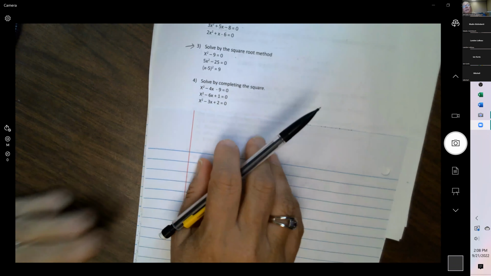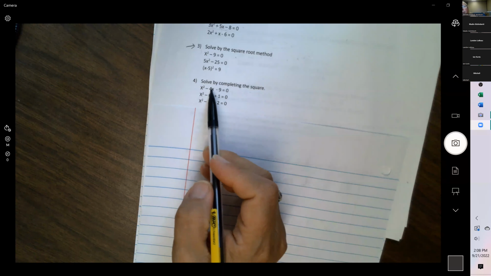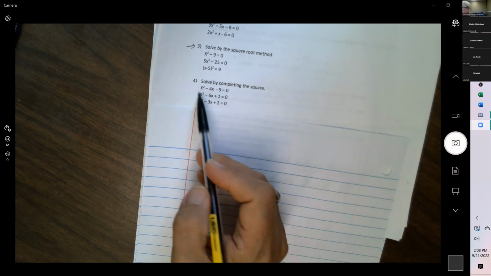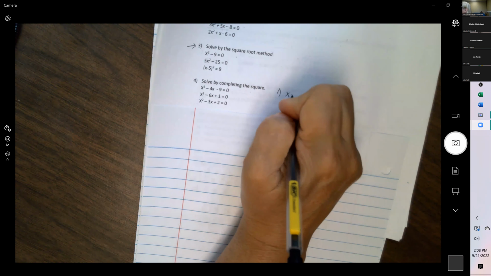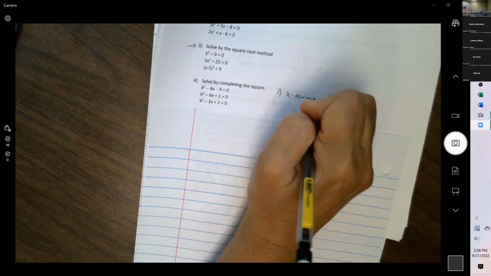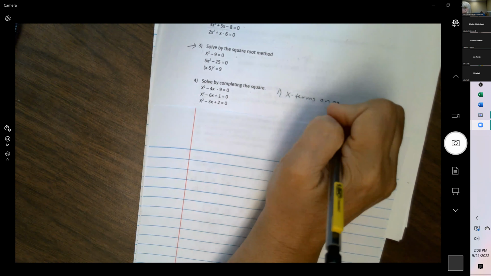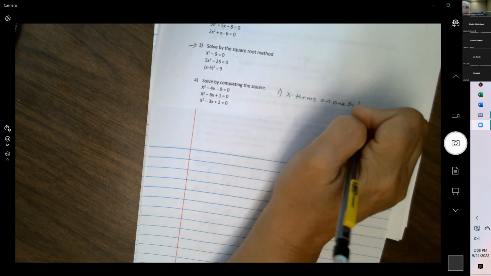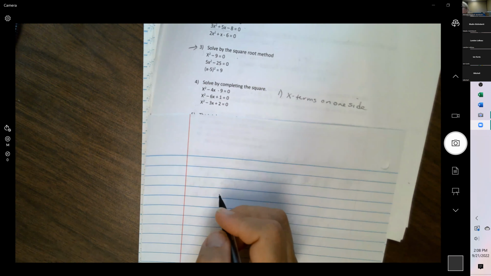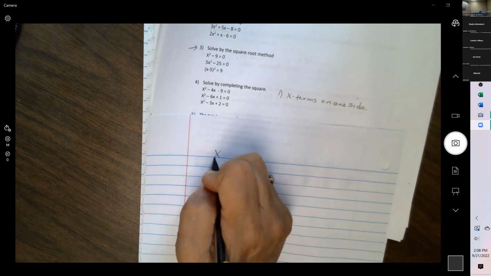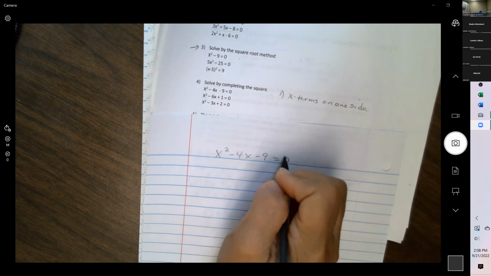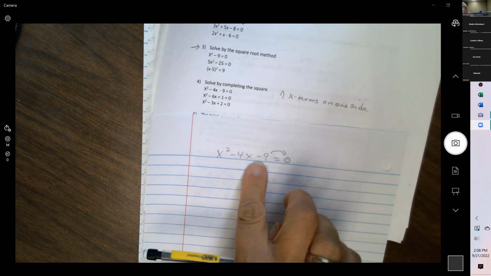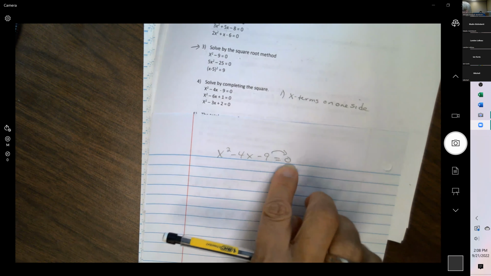So when we're completing the square, the first thing you want to do is get the x terms by itself. So get the x terms on one side. So I'm going to add the 9 to the other side, but leave a space.